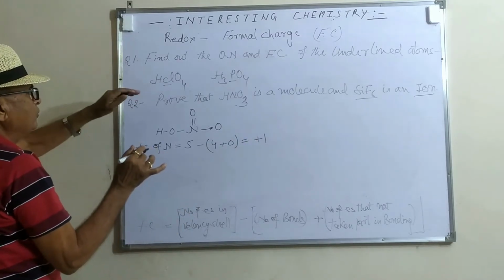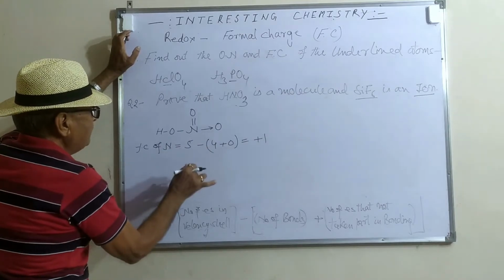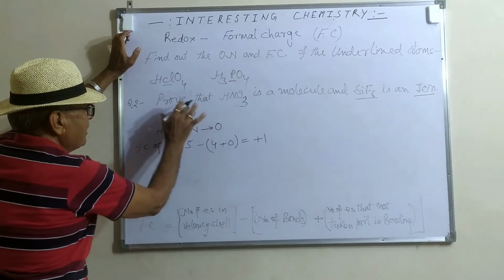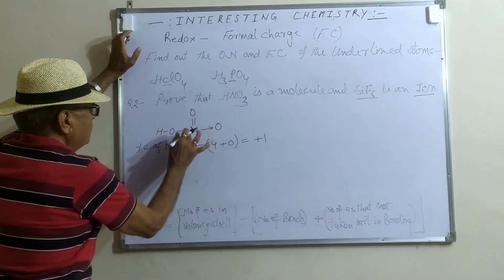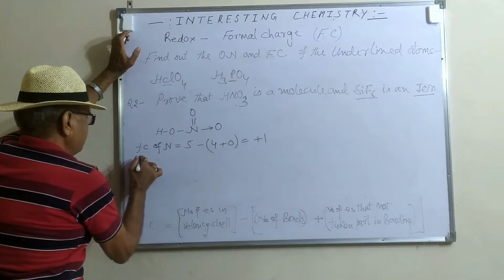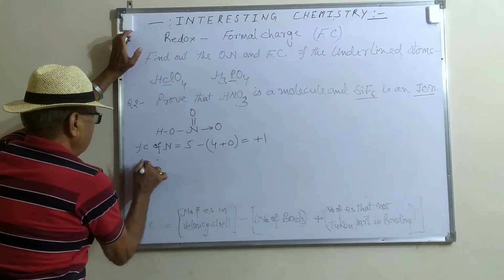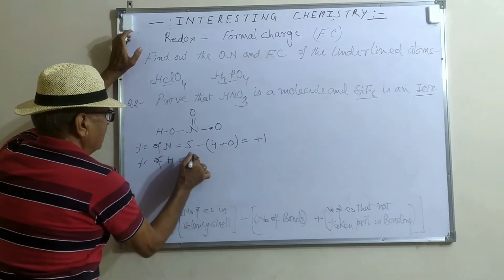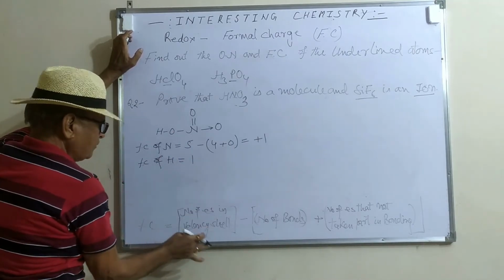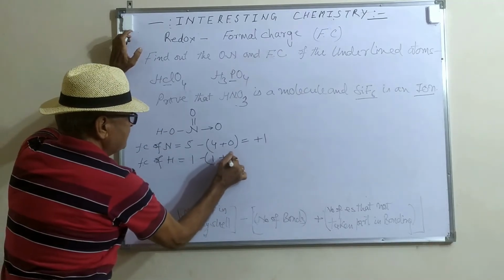But you have to know I am going to calculate the formal charge of each atom found in HNO3. Now come to the hydrogen. The FC of hydrogen is 1, the number of electrons in the valency shell, minus bond 1 plus 0.